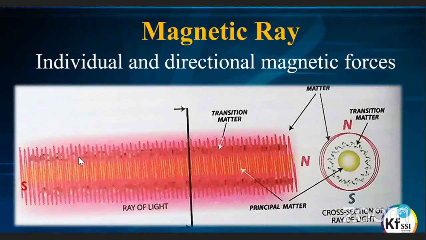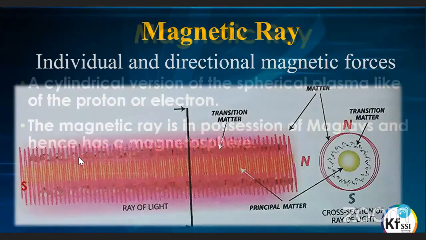You'll see it has a north and a south on that elongated form, so in that shape it would look like a bar magnet with your north and south. When you look at the cross-section, it also has the north and south. So these magnetic rays are the individual rays that come together.